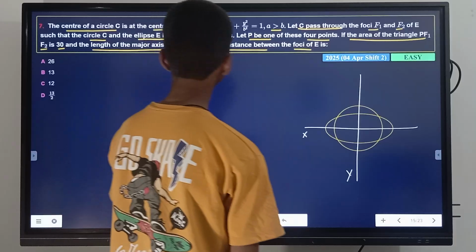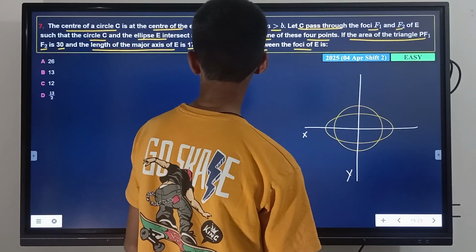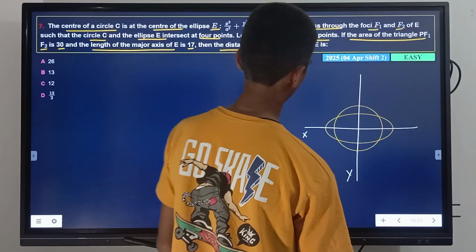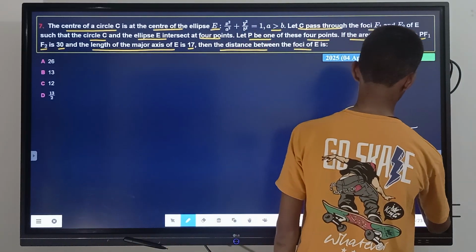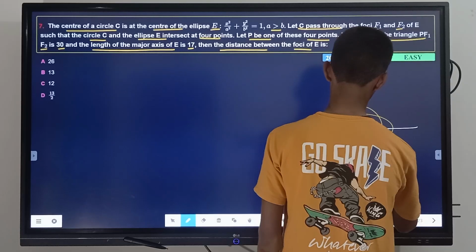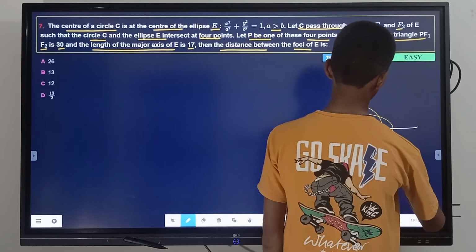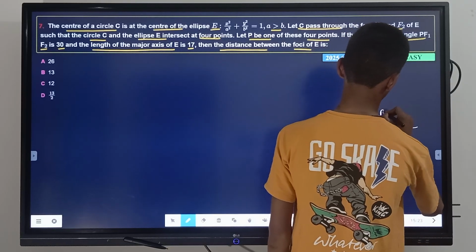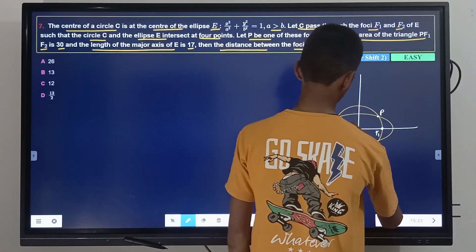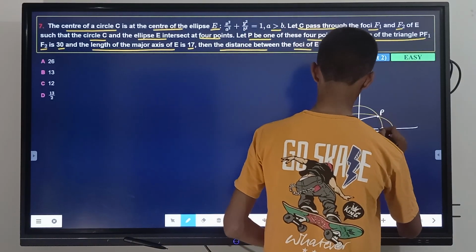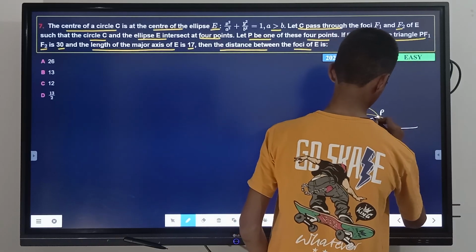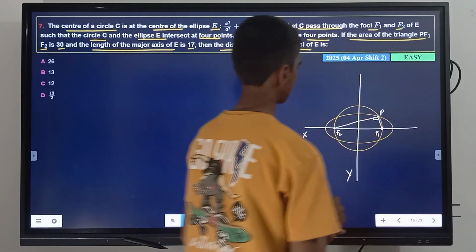And it passes through the foci. So this is F1, this is F2, and let's say here is our point P. Now according to the property of ellipse, this is a right angle triangle and this is perpendicular.